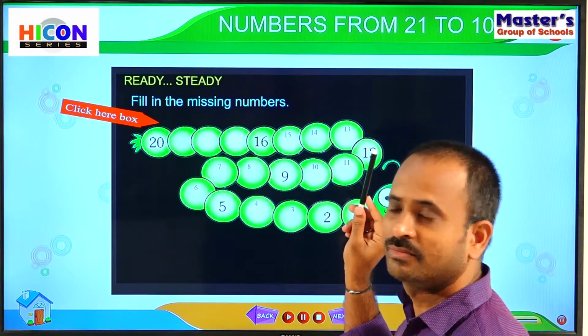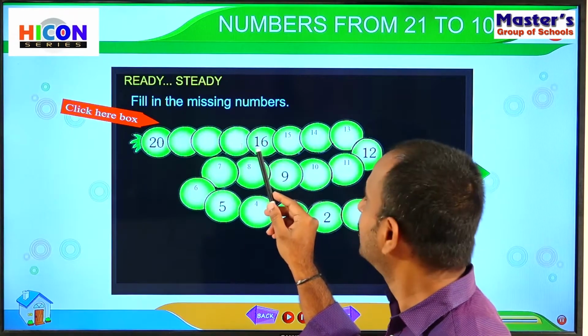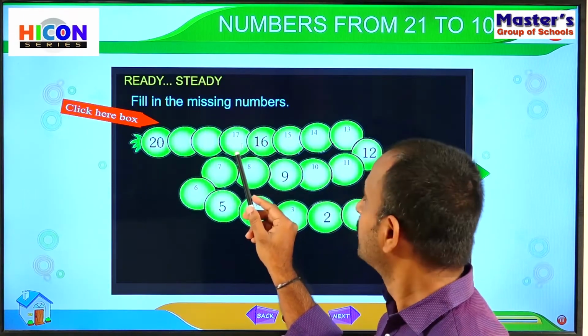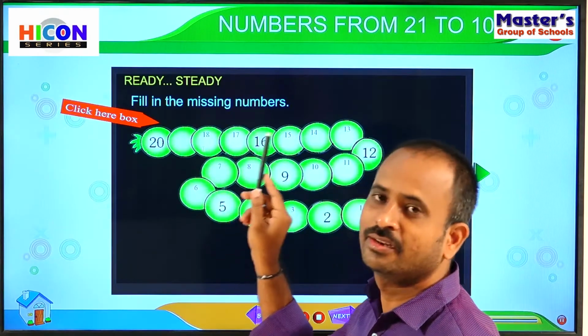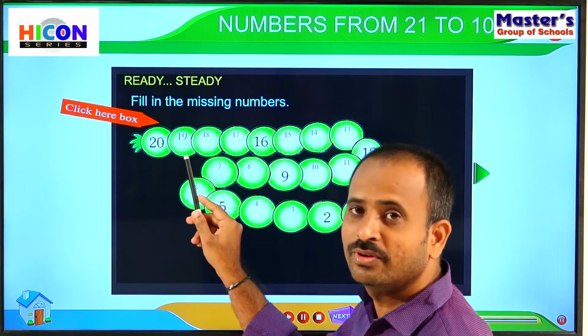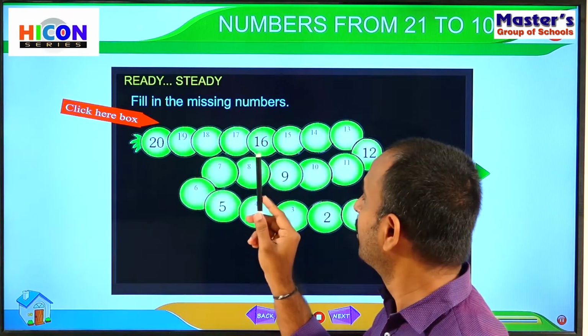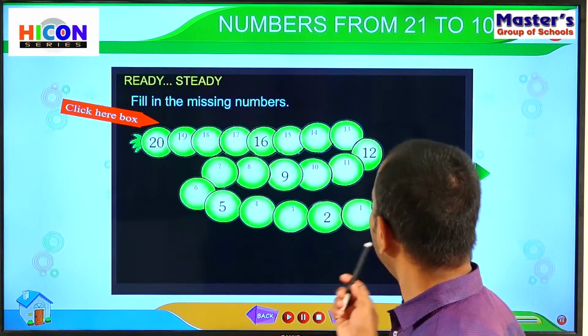Write 15 here. And 16 is already given. After 16, very good, 17. After 17 comes 18. Write 18 here. After 18, children, what number will we get? 19. Very good. So these are the numbers you have already learned, from 1 to 20.